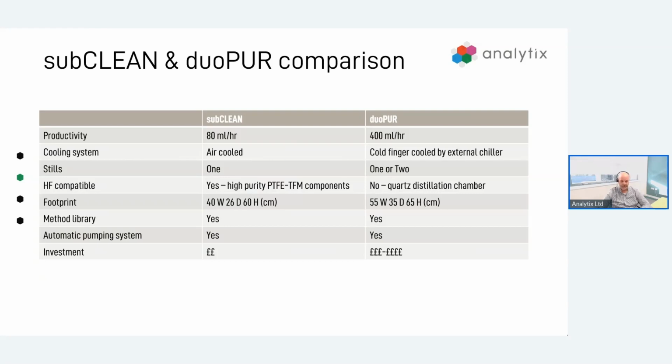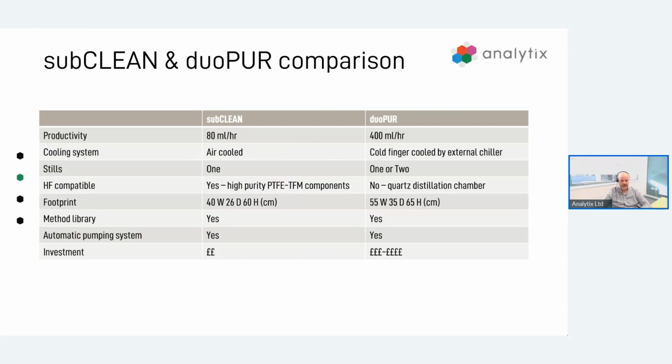But you will need to top up between runs. 500 mil is the optimum, but anything approaching 200 mil won't be enough to actually create the condensation that we need inside from there. So typically, you're using about 30 to 40 mils of the reagent grade acid. So it's a very low cost solution.